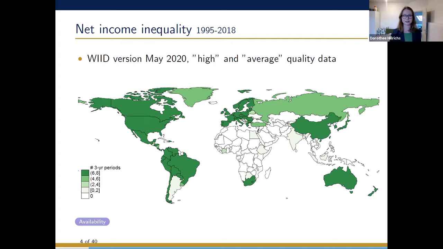I extract this data from the World Income Inequality Database, which itself is a collection of many different data sources. And you see that in terms of net income inequality, Europe and North America is well covered, Latin America is still well covered, but many countries in Africa and South Asia really lack data for many, many years. And this is really a picture that is across different data sources the case.